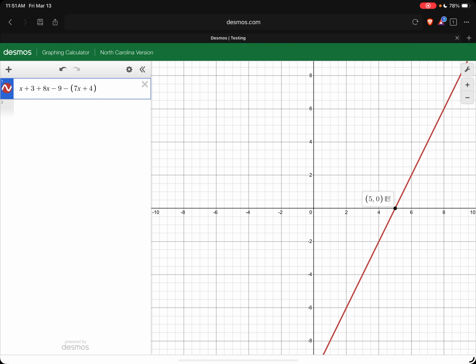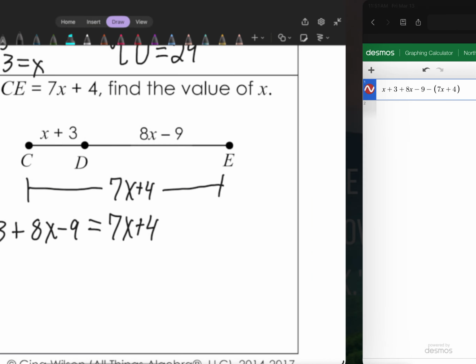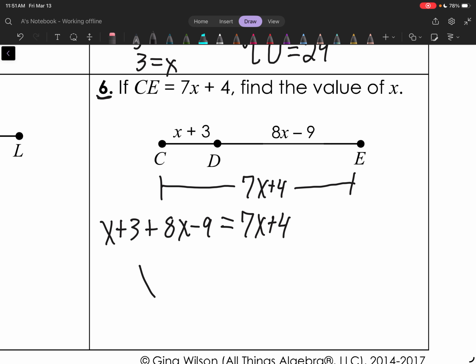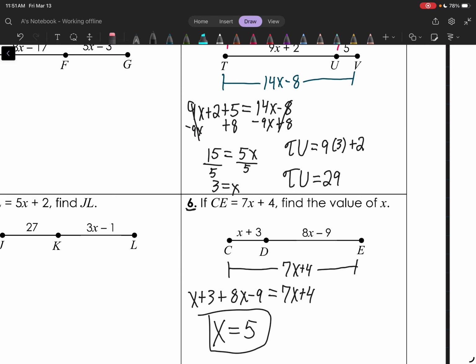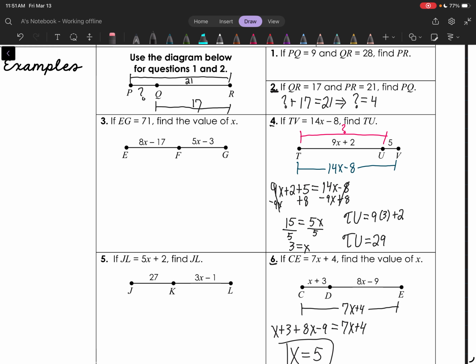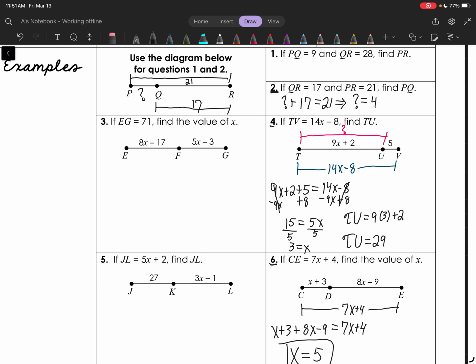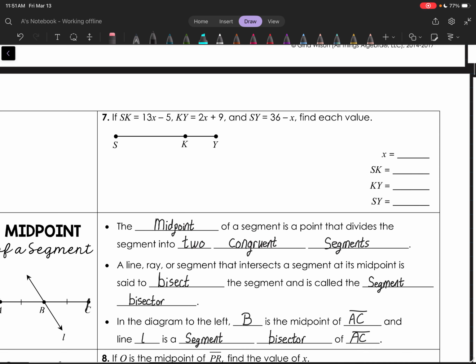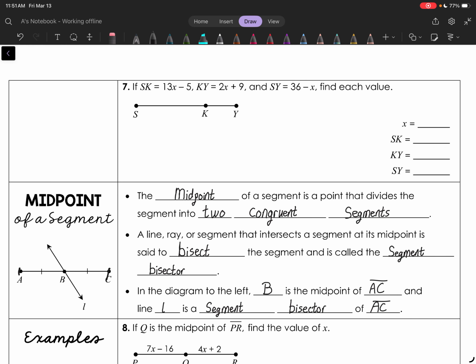X is equal to 5. It says find the value of x. I am finished. And we could have found any length on this line. Go ahead and pause the video and try the remainder of the problems on this page. Going to number 7 as well. And as always, I'll show you the answers at the end of the video.